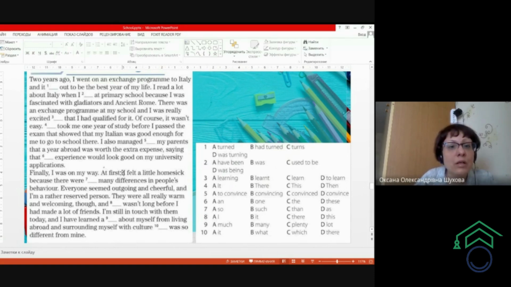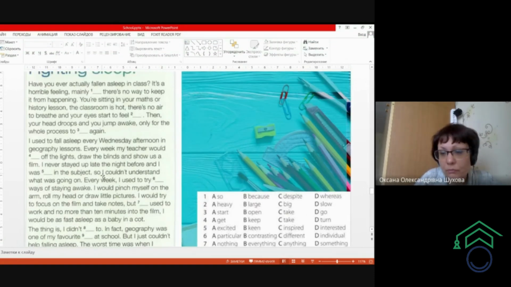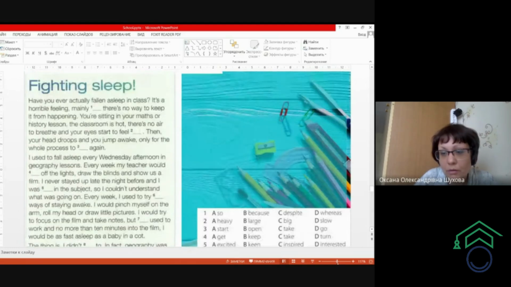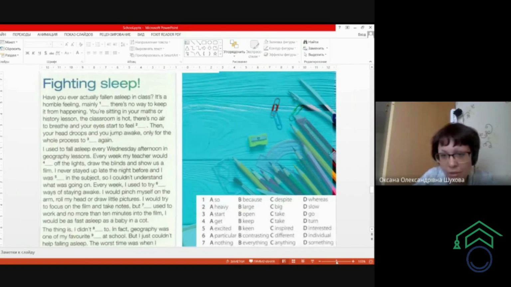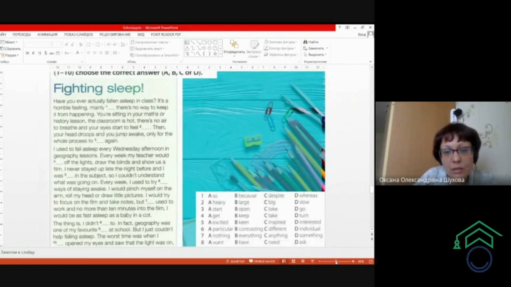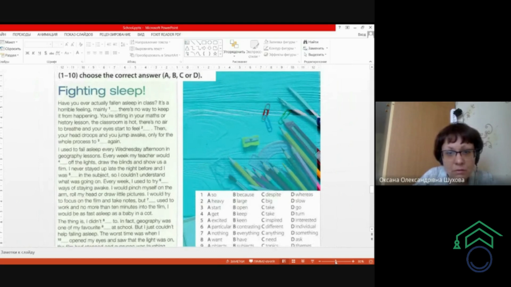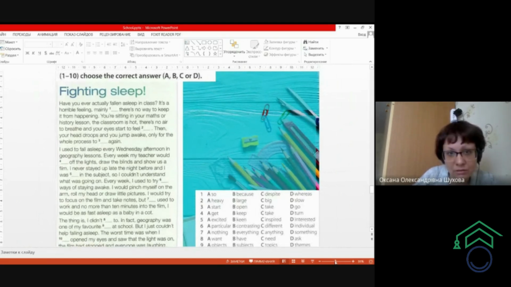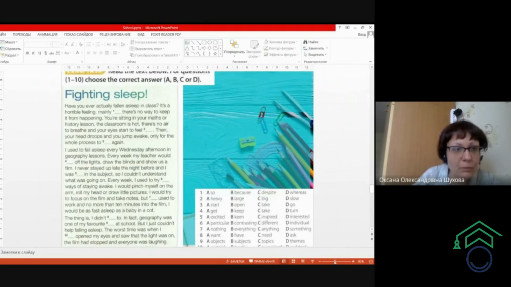Добре, дякую. Okay, here we have one more text. So the task is also to fill in the gaps choosing the correct variant. So it's a lexical task. Попереднє завдання було граматичного характеру, а це в нас лексичного характеру.